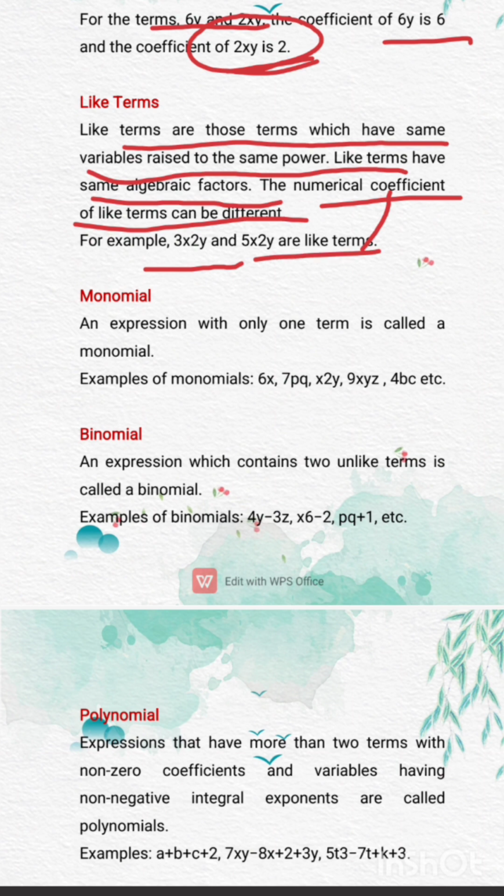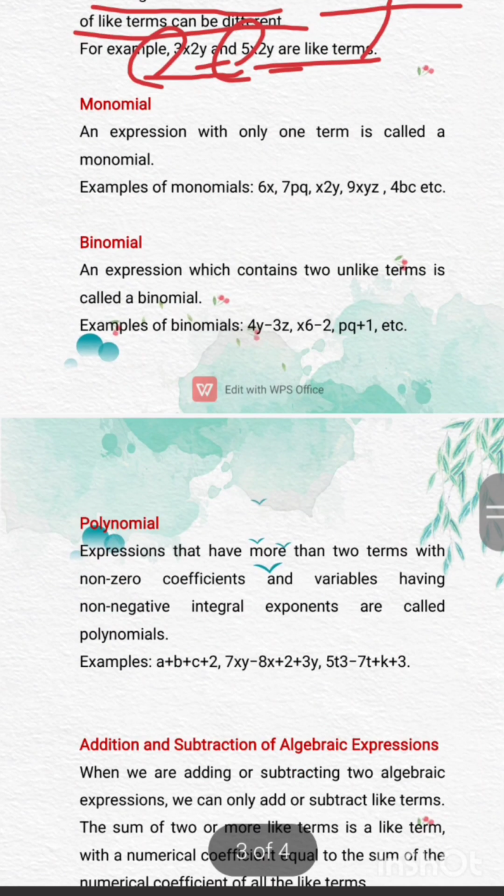So here, leaving the numerical part, that is 3 and 5, x square y and x square y, both the terms are same. So these are known as like terms. Similarly, unlike terms are those in which the power of the variable are different or variables are different.